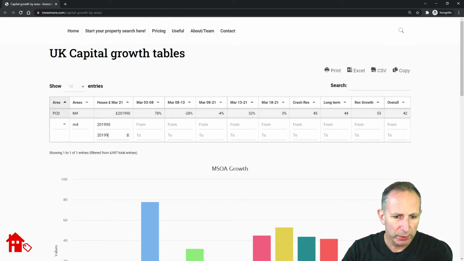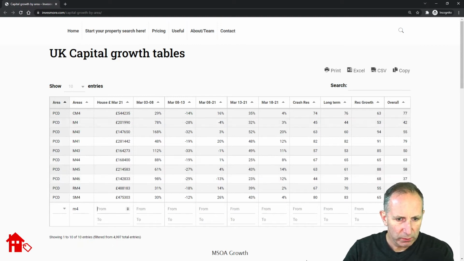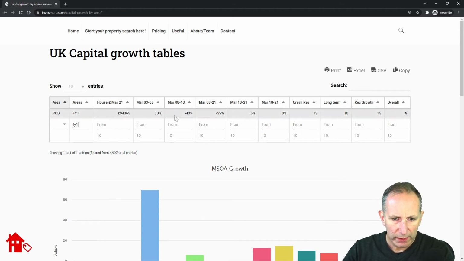So I'll give you an example of a really bad score. That will be FY1, which is in Blackpool. So FY1, and there we are here, and we can see it's got an overall score of 8.